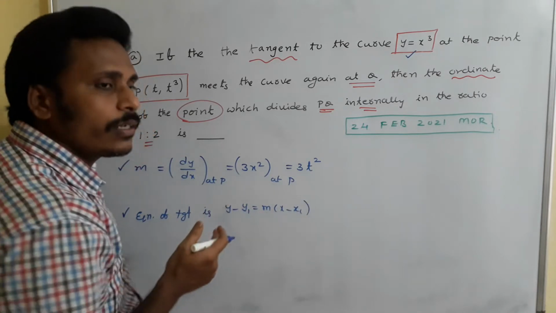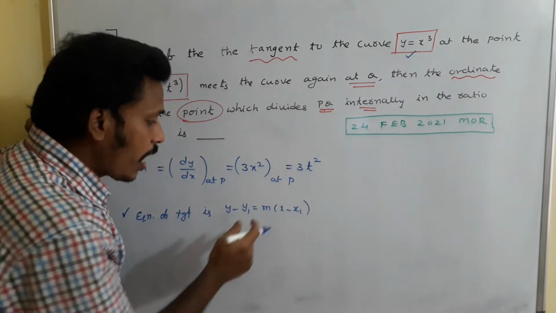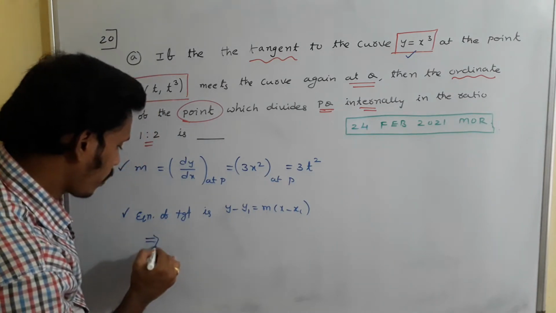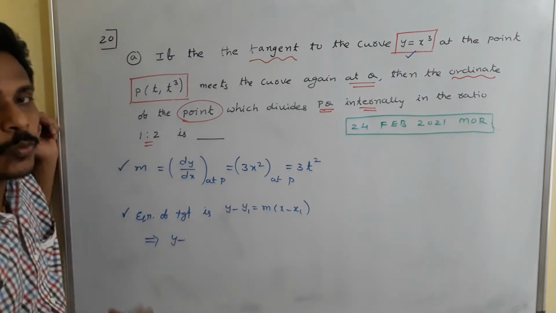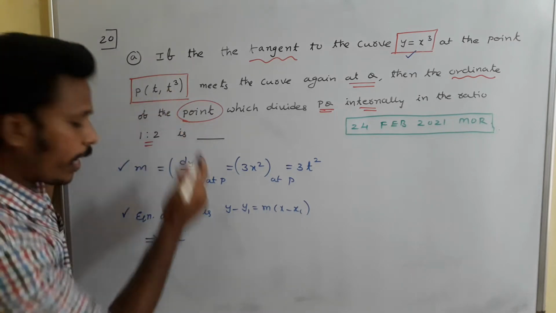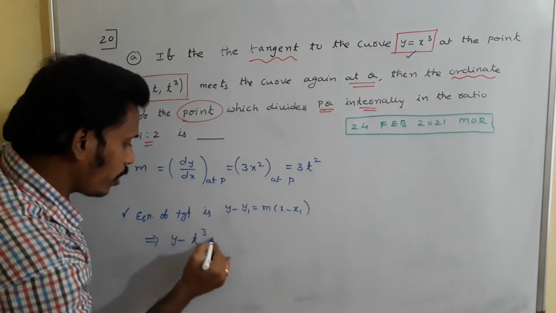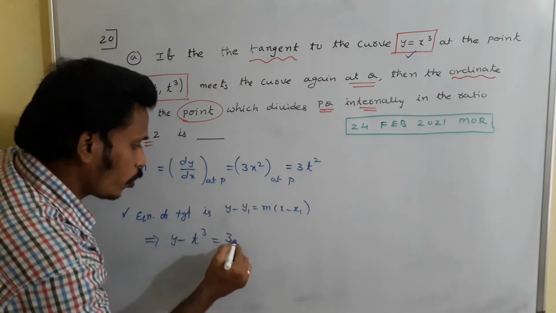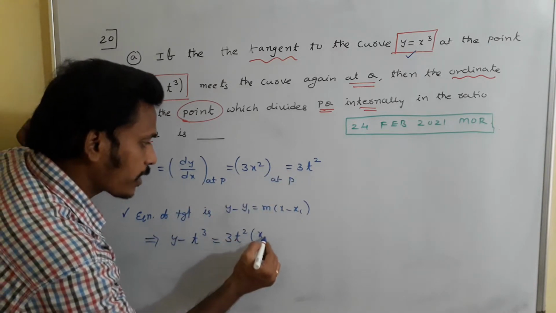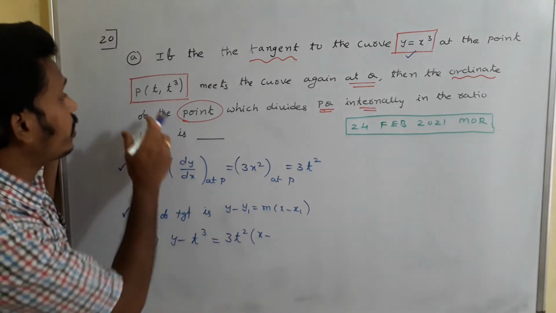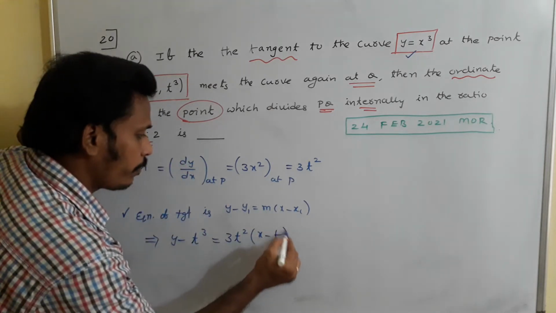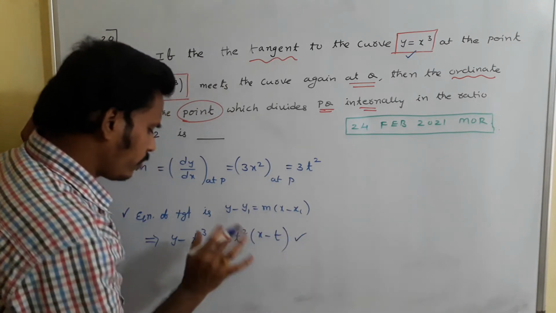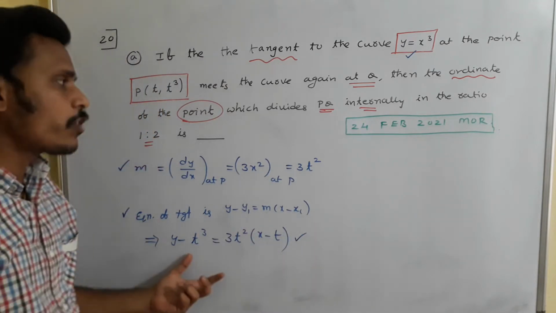Here x1, y1 are the coordinates of the point P, and m is the slope of the tangent, and that implies y minus, what is y1? y1 is this t cube, right? y minus t cube is equal to m, the slope of tangent, which is 3t square, so 3t square into x minus x1. x1 is the x coordinate of this P, which is t. So this is the equation of tangent.